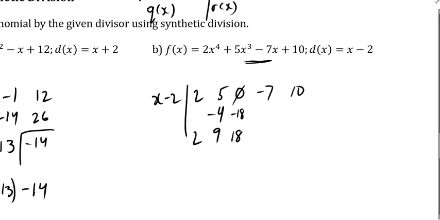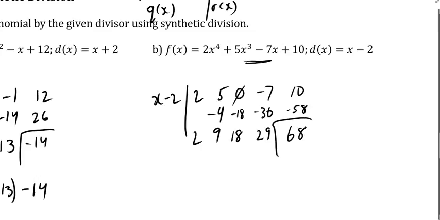Negative 2 times 18 is negative 36. Negative 7 minus negative 36 plus 36 is 29. Negative 2 times positive 29, negative 58. And 10 minus negative 58, 10 plus 58, 68.